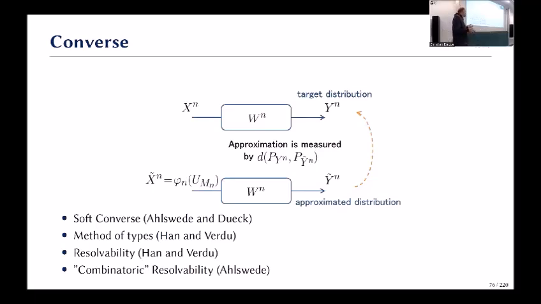There must be some analytic part in it. But later, people also used the idea of Han, but in a combinatorial way. It's combinatorial resolvability, and he can also prove the converse by himself with another method.